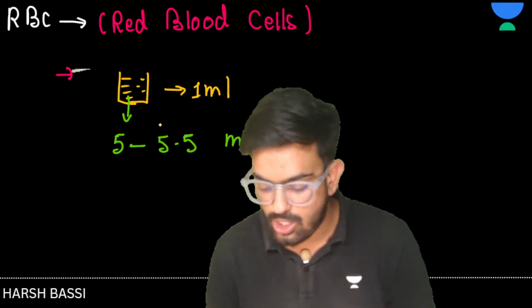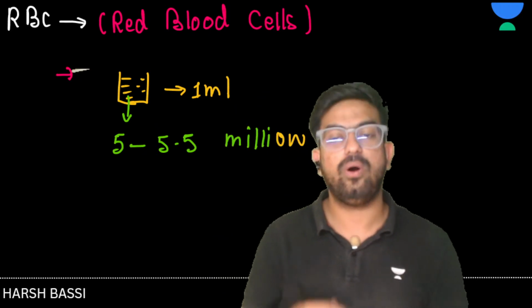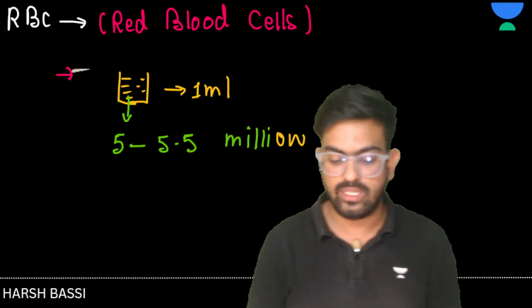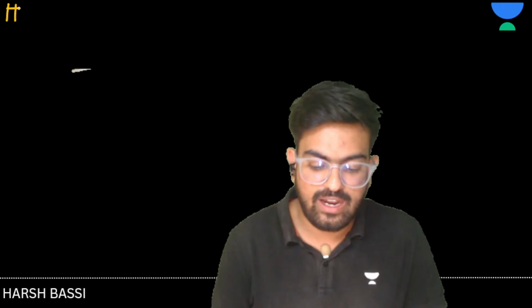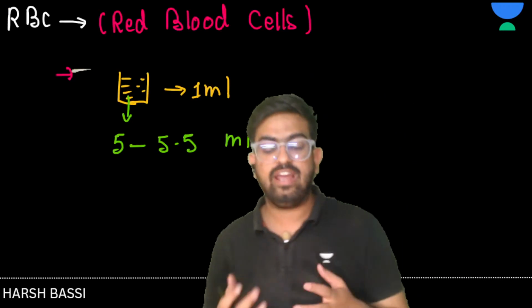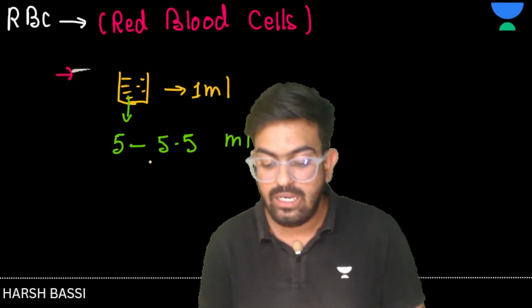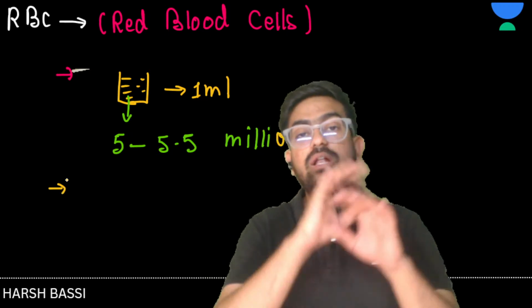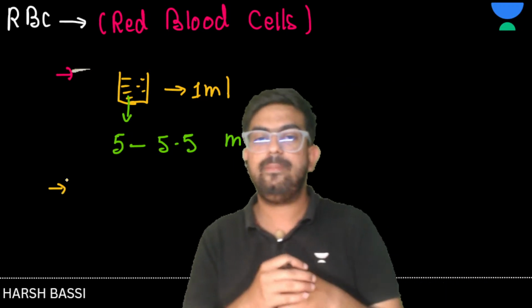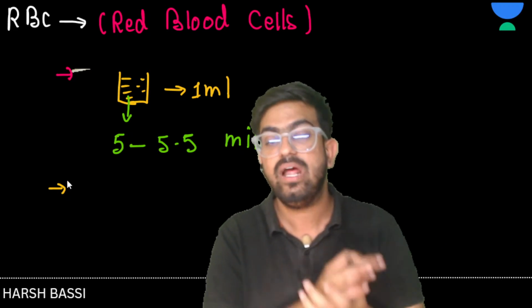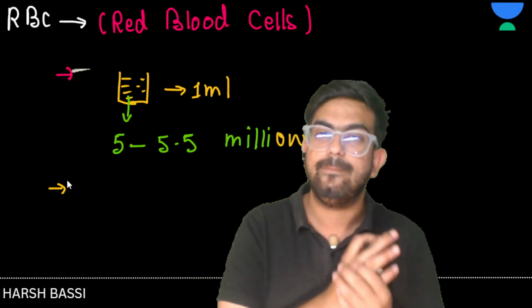Now let's talk about the RBC in much detail. We saw that RBC has 5 to 5.5 million. Among all the blood cells, the cellular part of the blood, RBC has the maximum number.